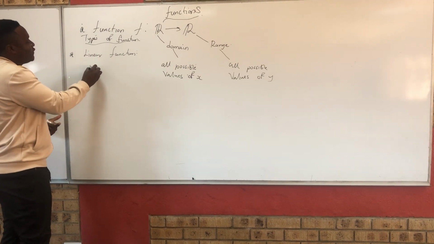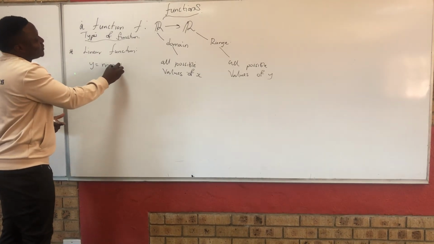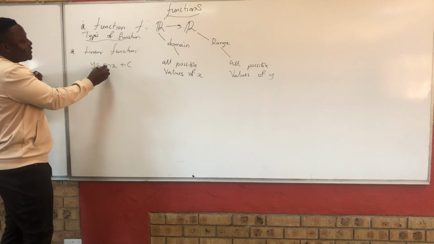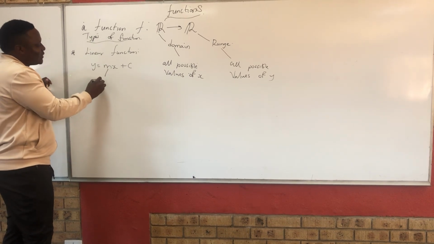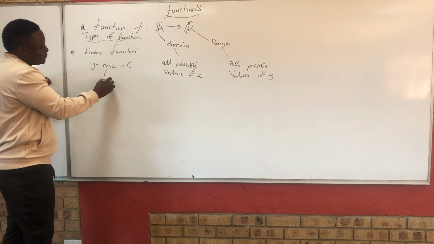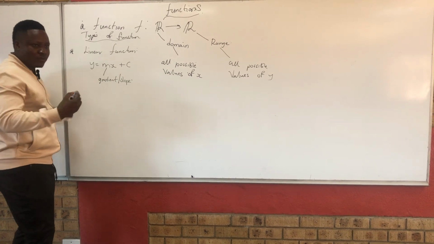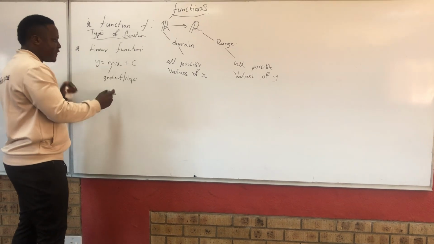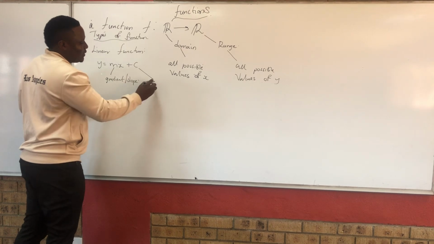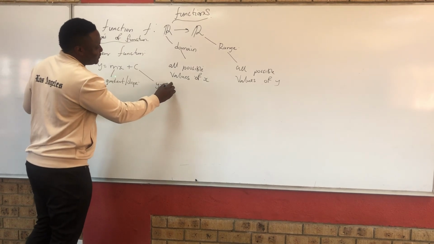It is a linear function, which is given by the general formula mx plus c, where m defines the gradient, or the slope of the function. This c is the y-intercept.